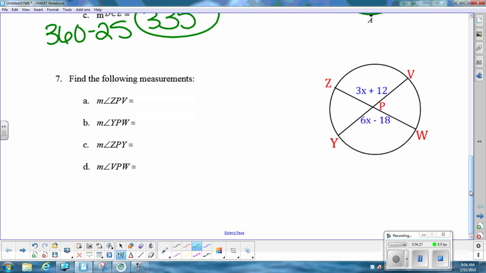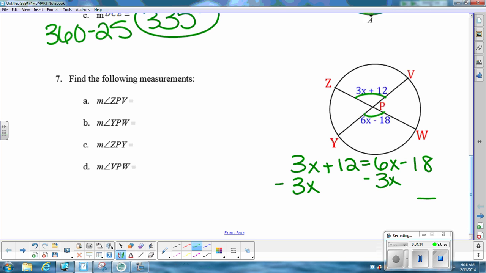Number 7, we have some vertical angles here. Vertical, vertical, so we set those 2 equal to each other. Solve for x.